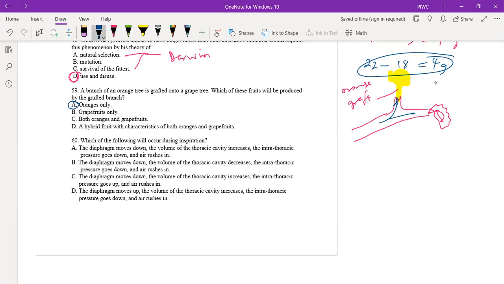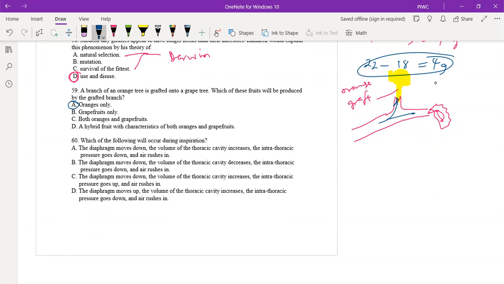Boyle's law, we did it last time. Once the pressure goes down, the atmospheric pressure is now higher than inside, and the thoracic pressure is lower. So the air will rush in, oxygen will rush in from high pressure to low pressure.